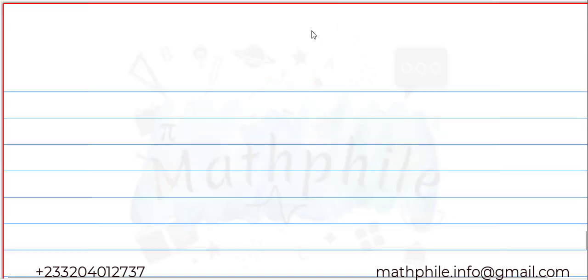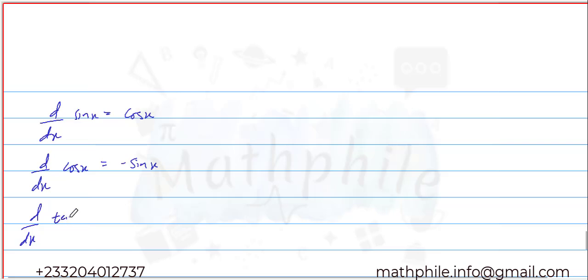But let's see if I can recap all the differentiation rules for the other ones. d dx of sine x will be cos x. d dx of cos x will be negative sine x. d dx of tan x will be sec squared x.